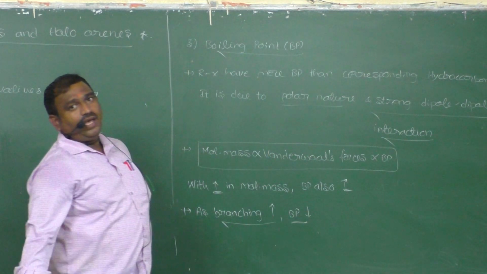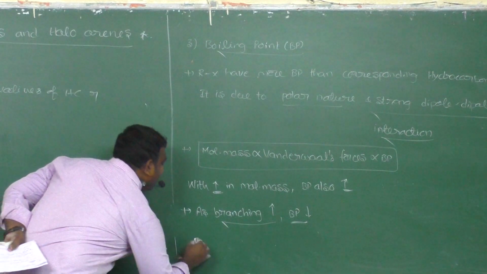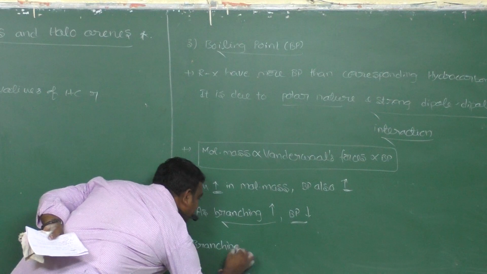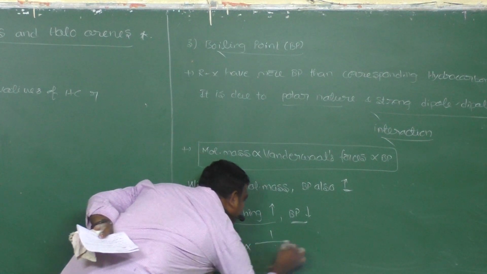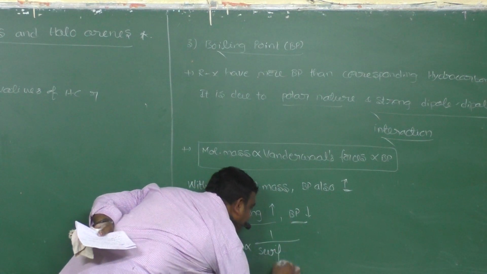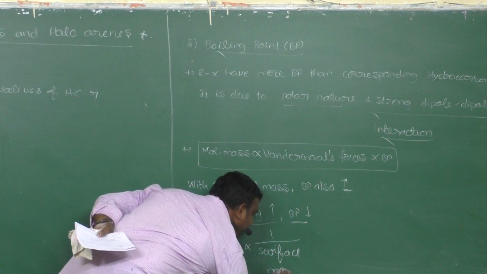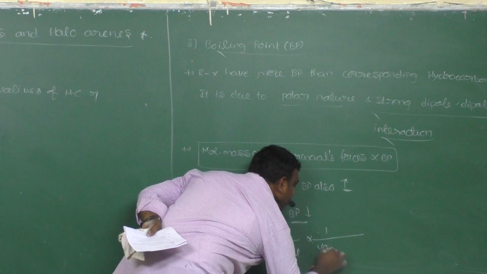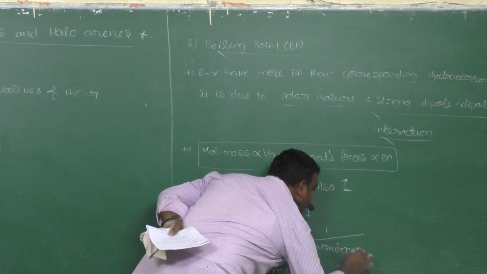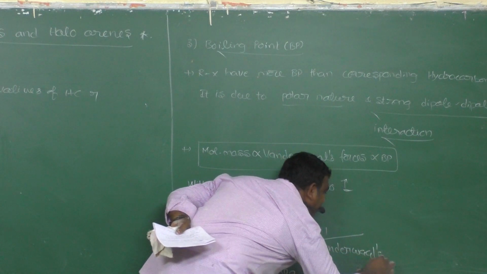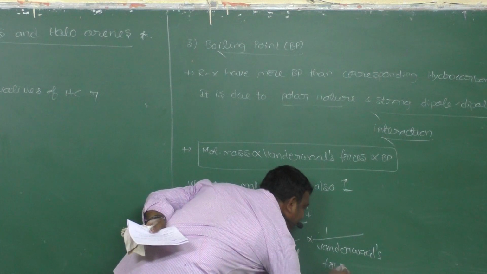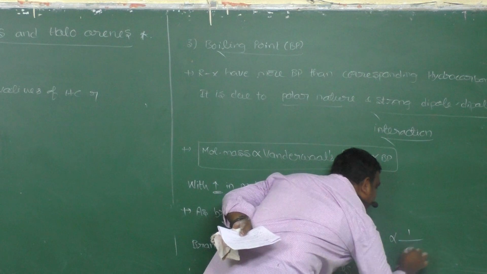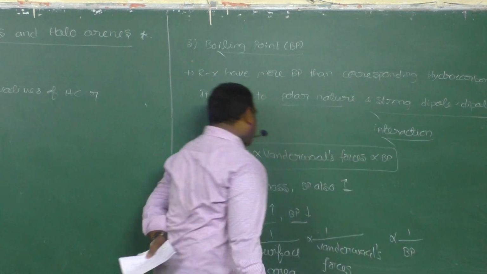Sir, how will it happen? As branching increases, surface area decreases. As surface area decreases, van der Waals forces decrease. As van der Waals forces decrease, boiling point decreases.